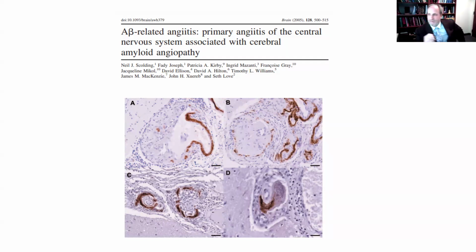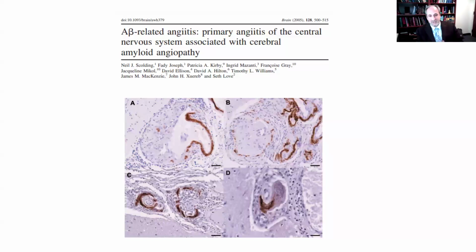I think there's one paper out of Japan that suggested that the very distinct form of A beta related angiitis has a prevalence of about 1 in 700,000 people. So it's not common at all. And there are probably some of you out there who have seen such cases, but I would be surprised if you've seen any more than anecdotal instances.